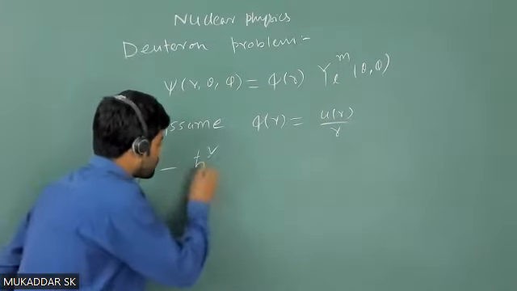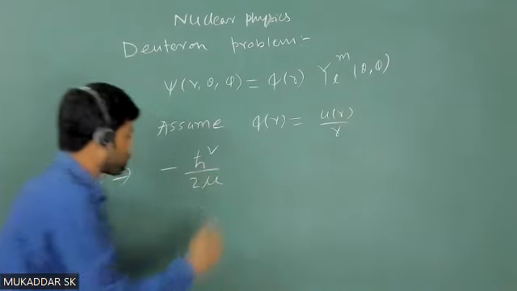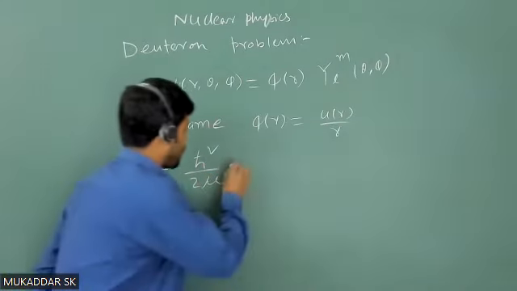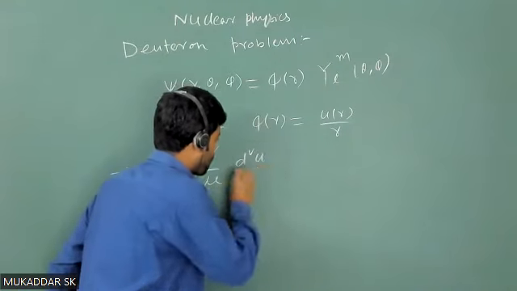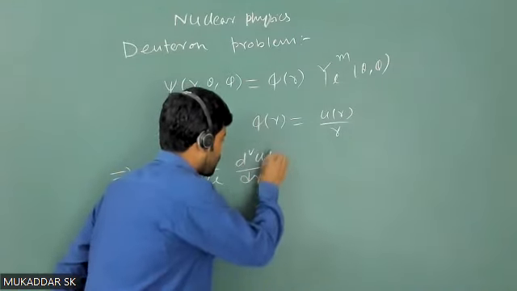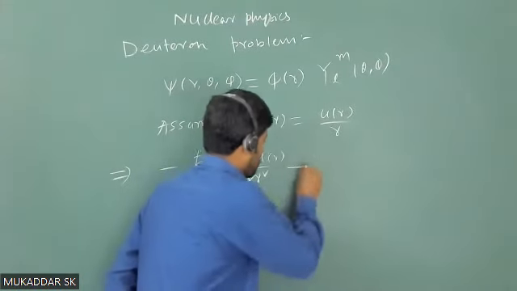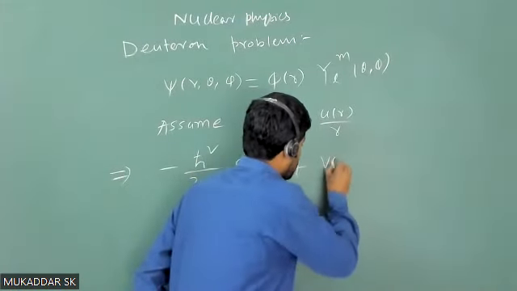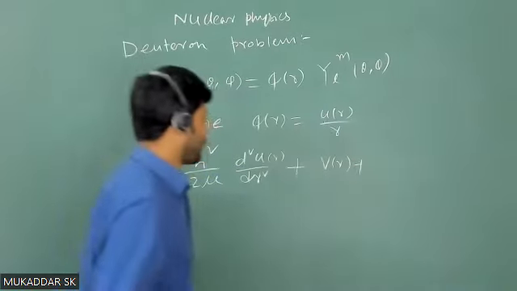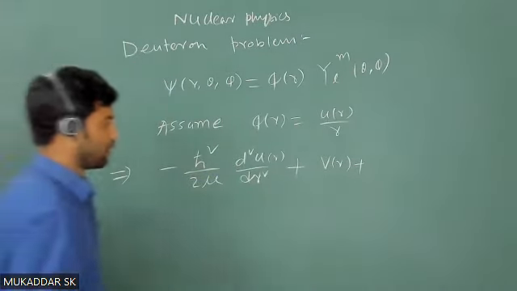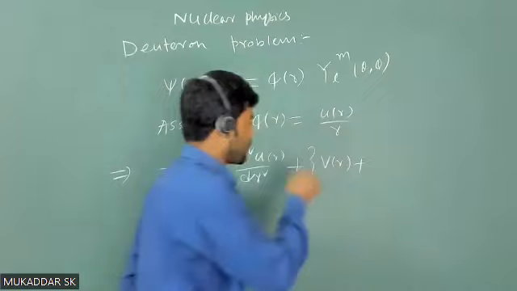We'll have h cross square divided by twice mu, and then you will have d square u of R by dR square, and then you have V of R, and there will be something here. Can anyone tell me? What will come here?